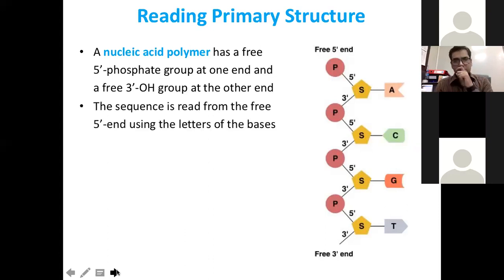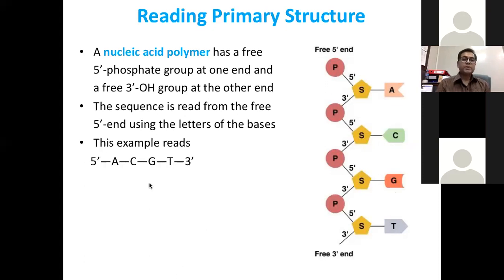So if this is a DNA, or this is a fragment of a DNA, or this is the DNA template, the sequence is read from the free 5 prime end using the letters of the bases. Okay, so we will read it like 5 prime A, C, G, T, 3 prime. So this example will make a transcript like that.